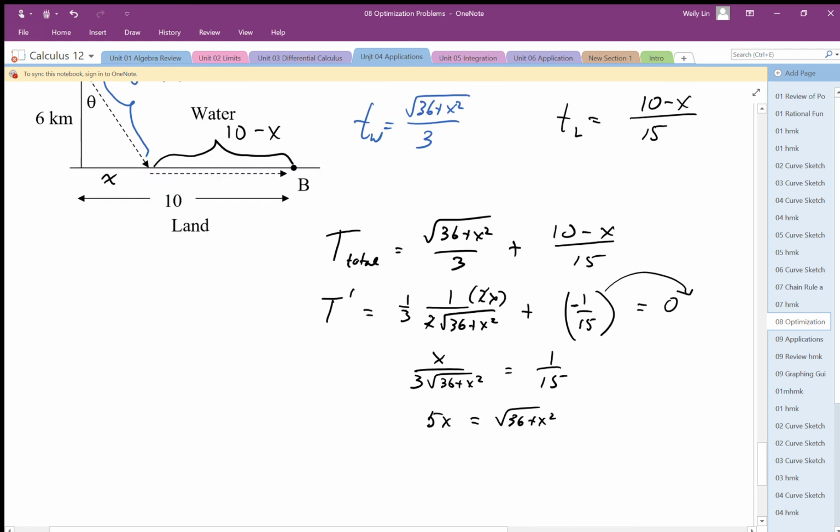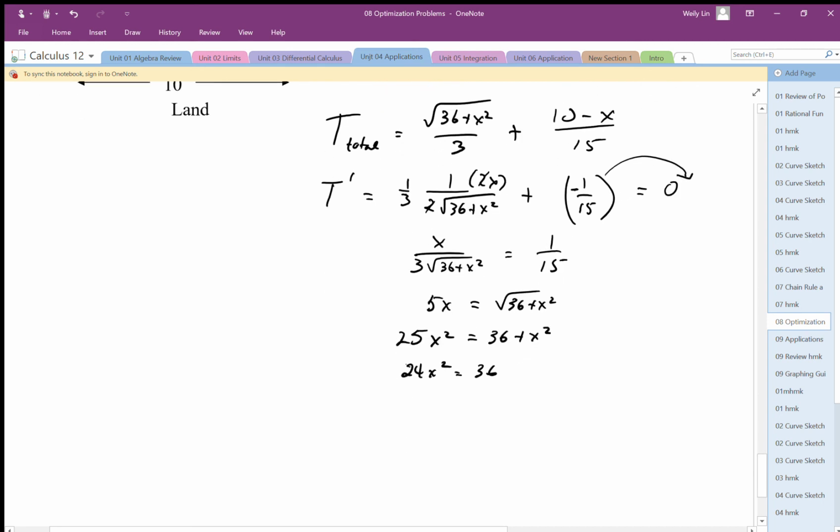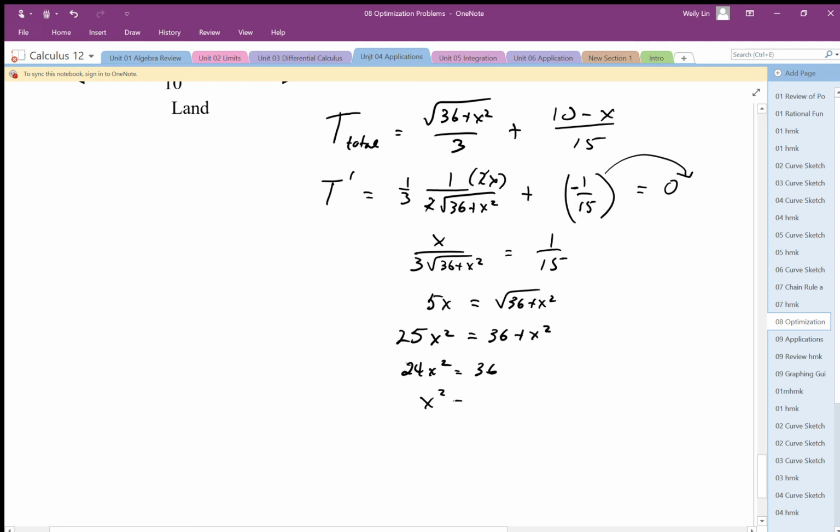Square both sides to solve for x. So I end up with 24x squared equals 36, x squared equals 3 over 2. So x is equal to plus or minus the square root of 3 over 2.